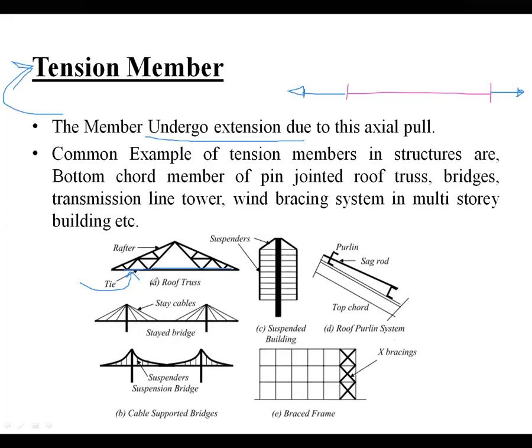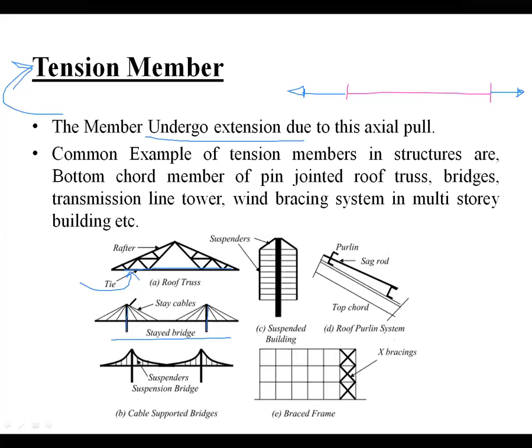In different areas there are different tension members, like this suspended bridge, a cable stayed bridge. What happens when there is a low bearing capacity? In such a situation, a few piers are constructed.